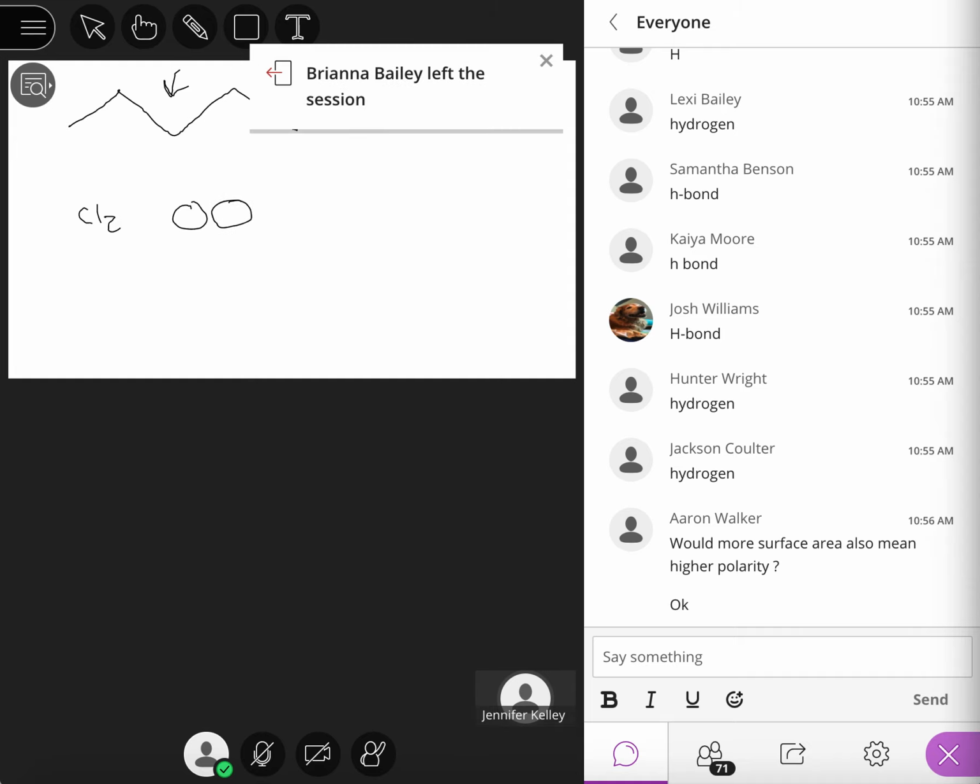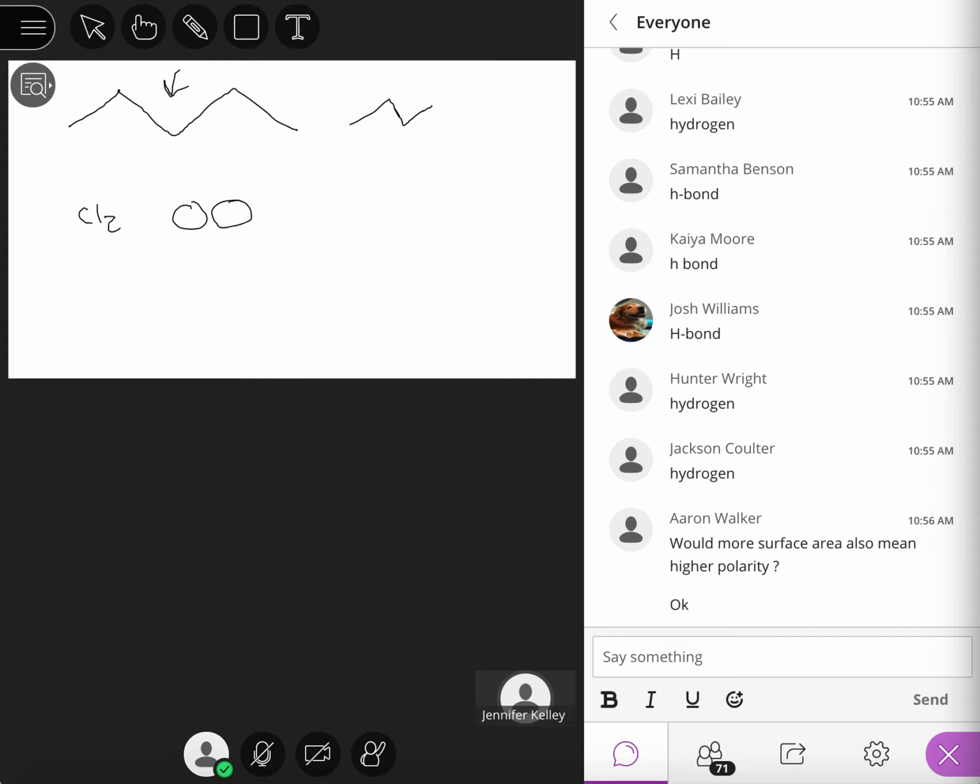That's also going to be just London dispersion forces because it's a nonpolar molecule. Cl2 is nonpolar. We're comparing that to Br2 and I2. As they get bigger and bigger and bigger, the larger ones are going to have a higher boiling point.